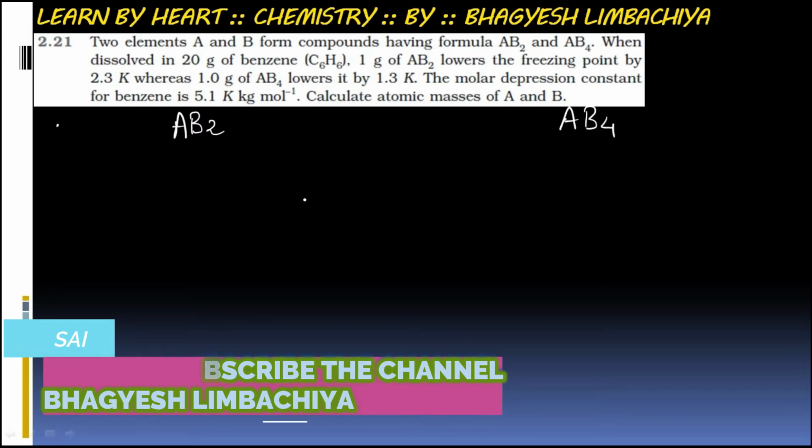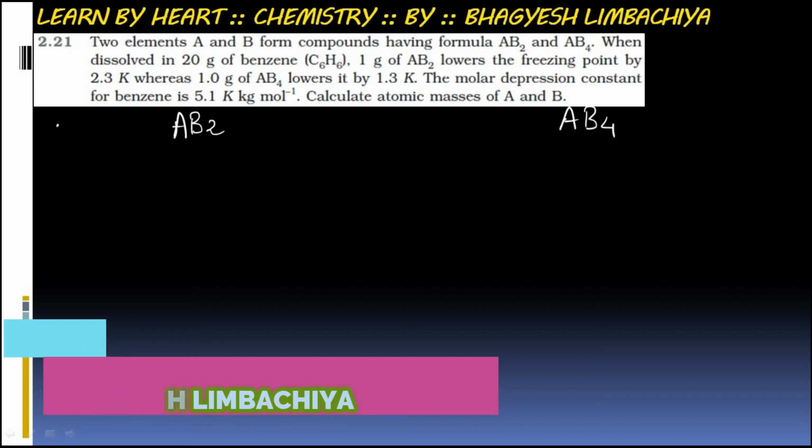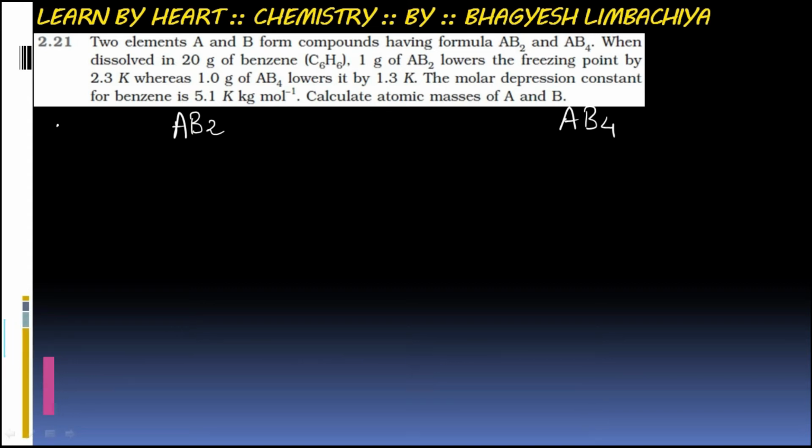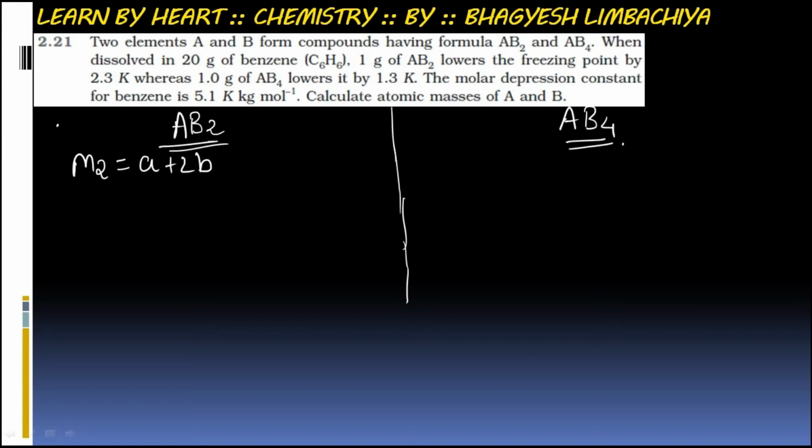So first of all here we are writing AB2 at one side and AB4 at another side. So M2 will be A plus 2B because AB2 is formed by the combination of one A atom and two B atoms.